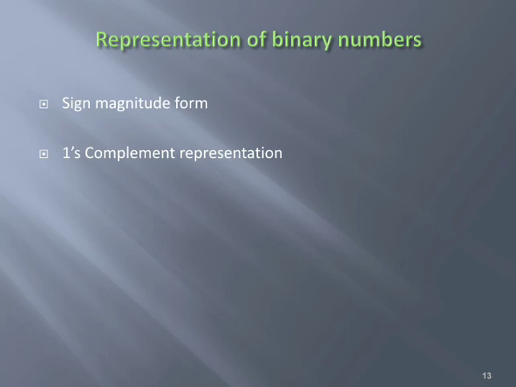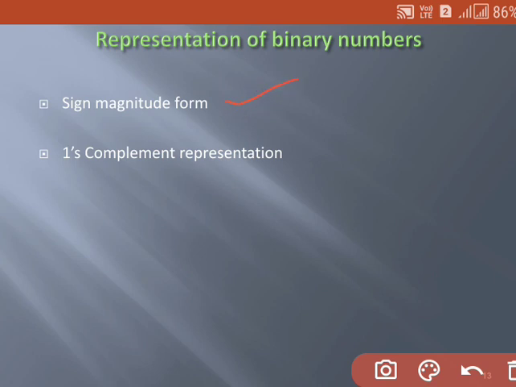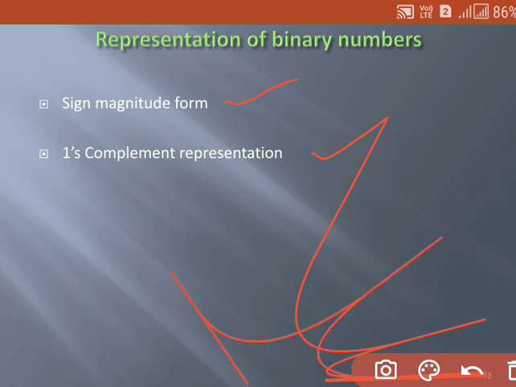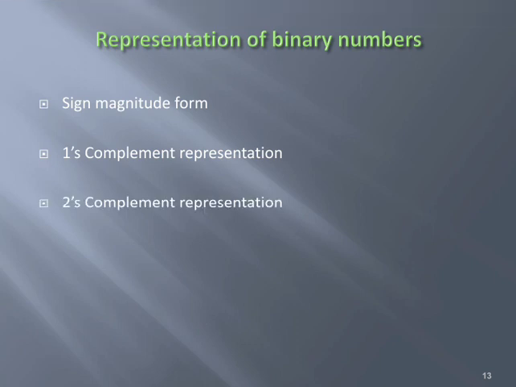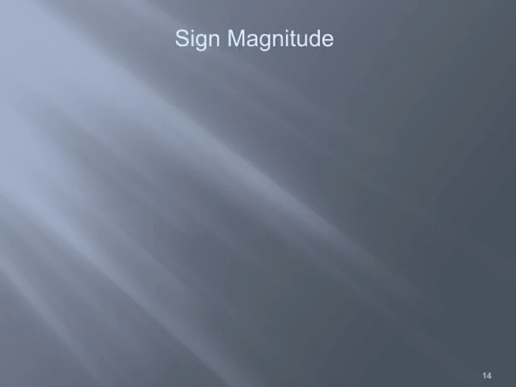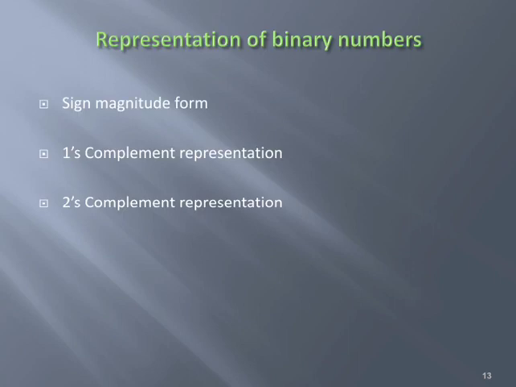The first one is signed magnitude form, the second one is ones complement representation, and the third one is two's complement representation. So these are the three different ways of representing a binary number, both positive binary numbers as well as negative binary numbers.